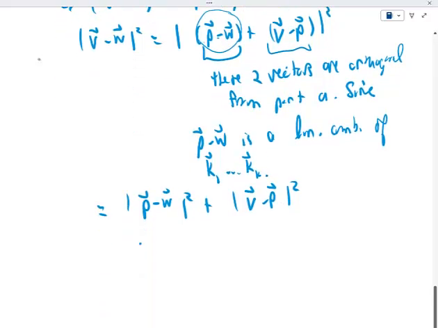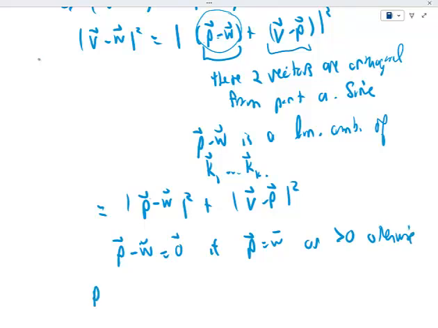Okay? Now, the smallest possible value for the length of P minus W is 0. So P minus W is equal to 0 if P equals W, or it's positive otherwise.